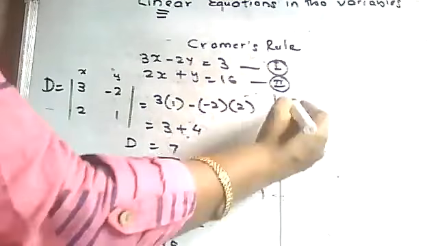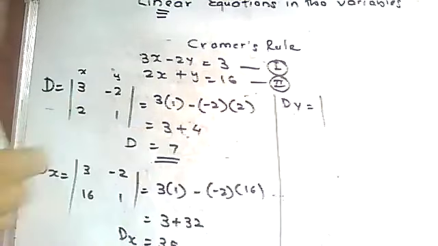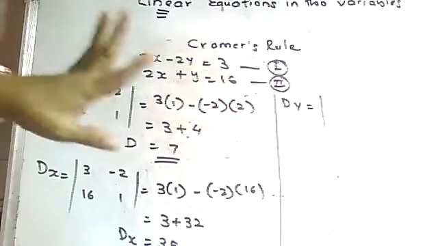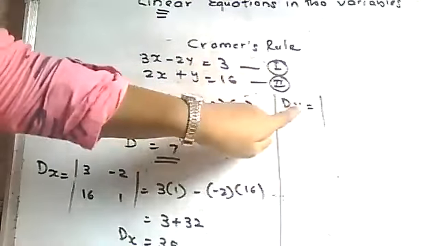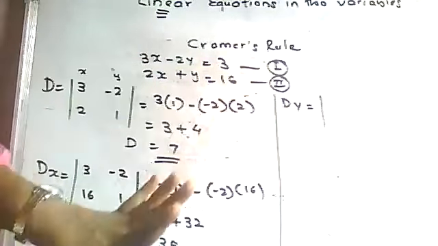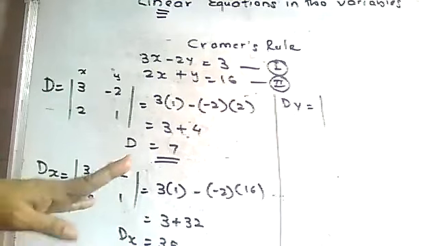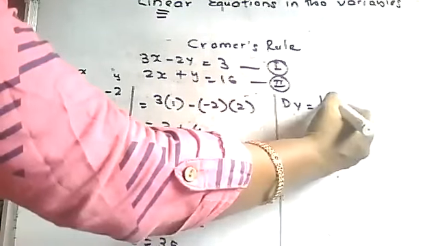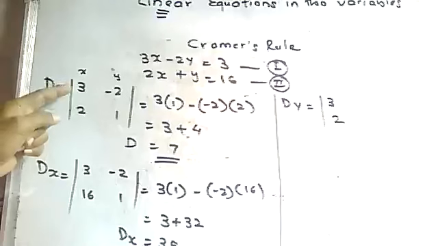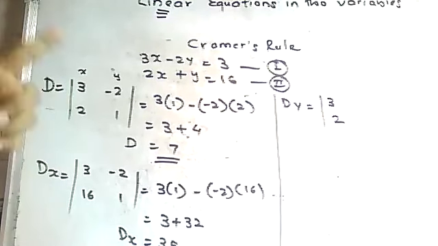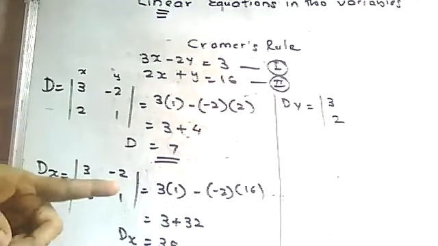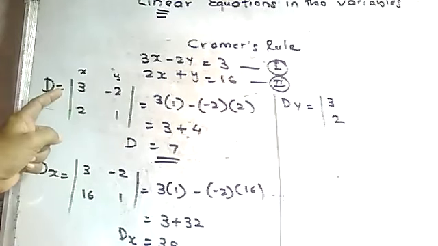In the same way, students, we are going to take dy. Obviously now you must have come to know that we are going to replace the y column. So x will be the same, 3 and 2. For this your d has to be correct. Obviously everything has to be correct, but still d has to be correct.